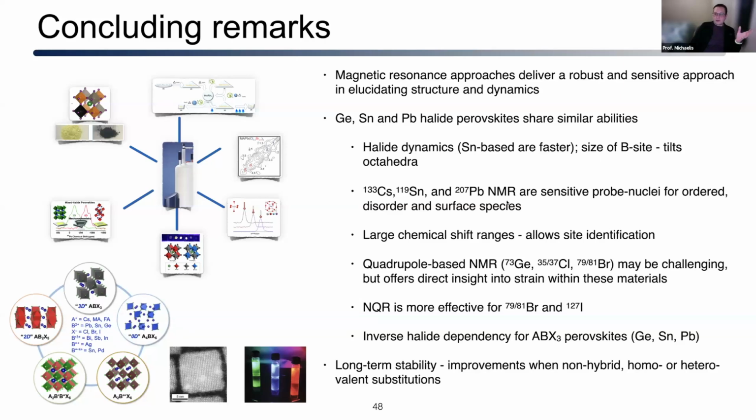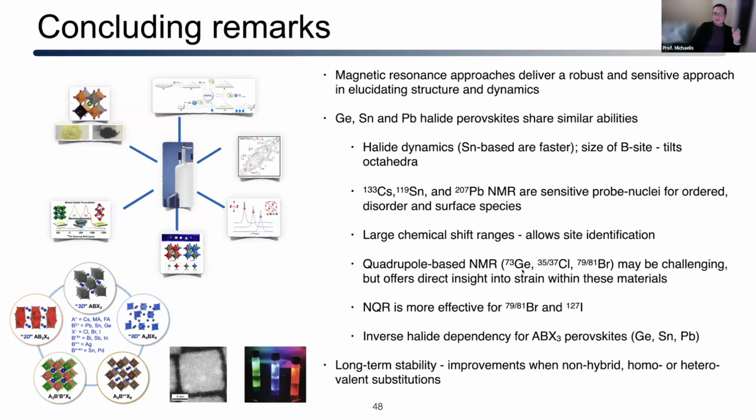Cesium, tin, and lead NMR are very sensitive probes to use for this aspect, and they often offer large degrees of chemical shift range. So you can potentially easily identify impurities or different phases or composition space depending on what you're doing. Some of the quadrupolar-based techniques do help out in certain circumstances.